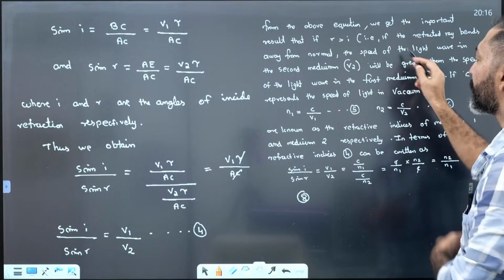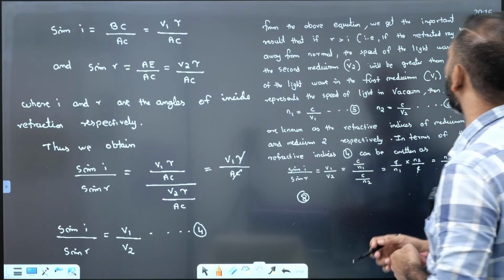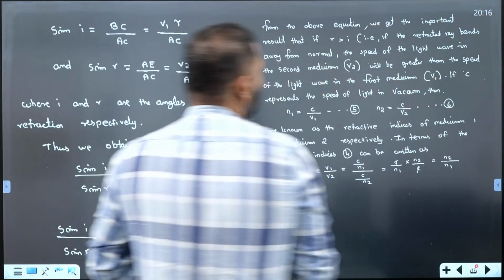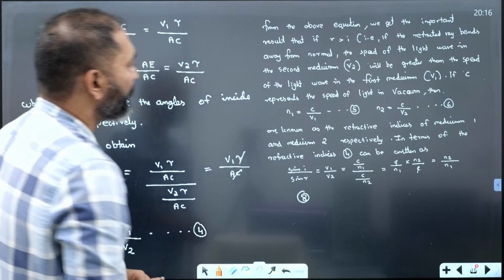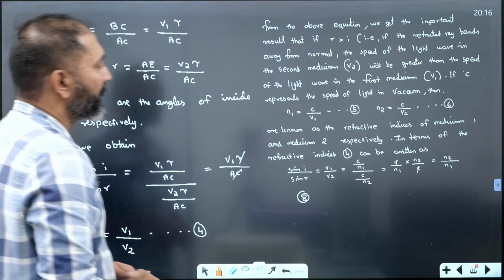The speed of light in the second medium should be greater than the speed of light in the first medium.